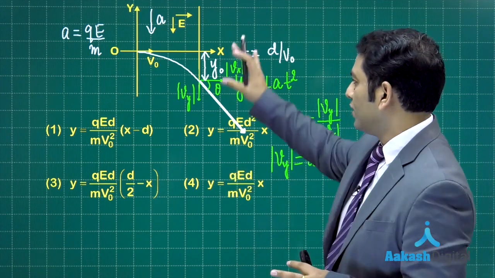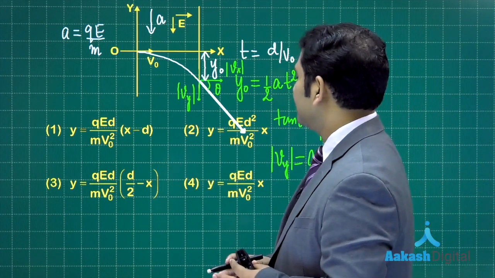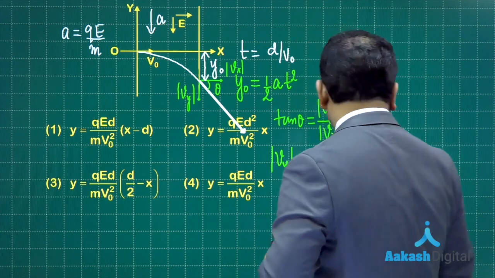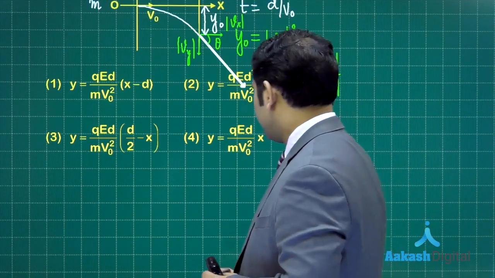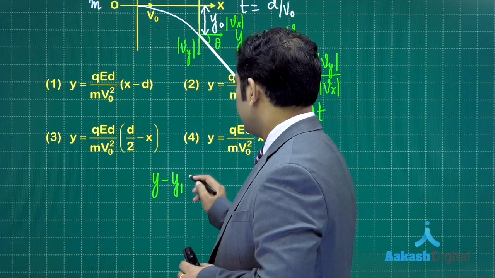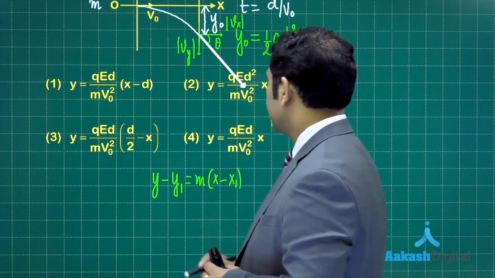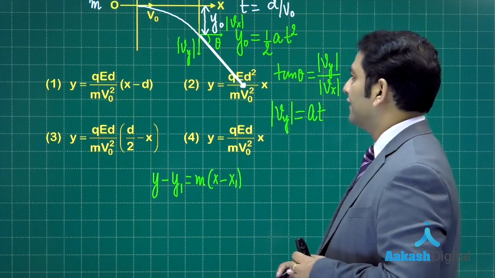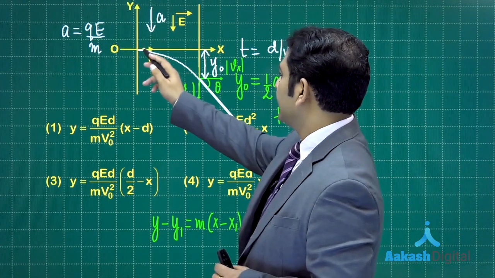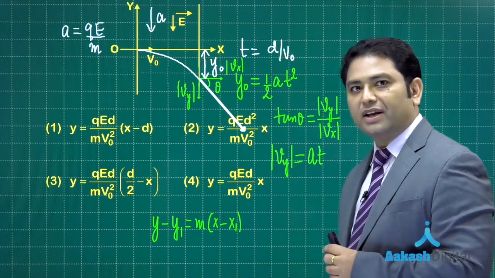We have calculated y0, we have calculated this, and all I require is to put in the equation of this straight line, and that can be easily done. We can do this by something like this: y minus y1 is equal to m into x minus x1. All I need is to fill up, and this particular point is of course x equals d, and the y coordinate will be minus y0.